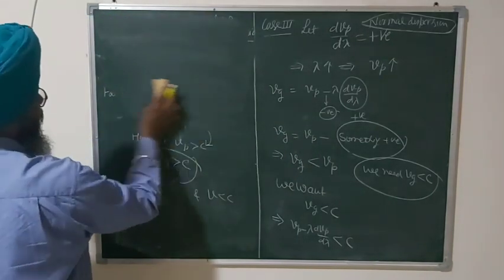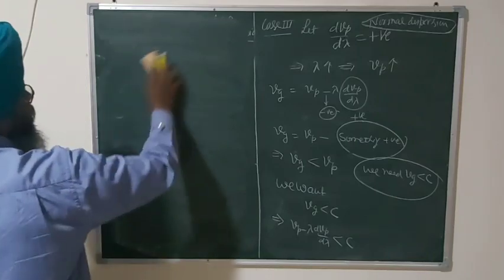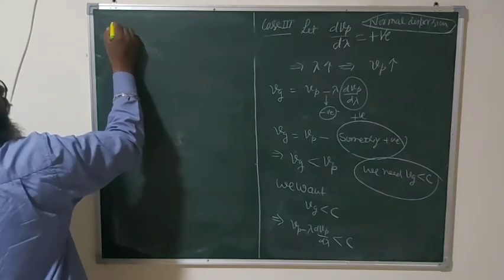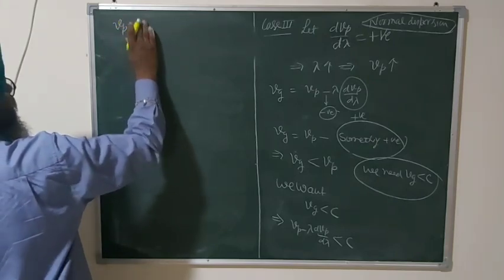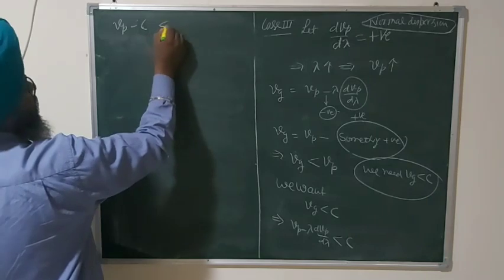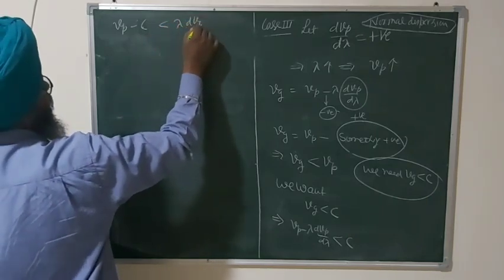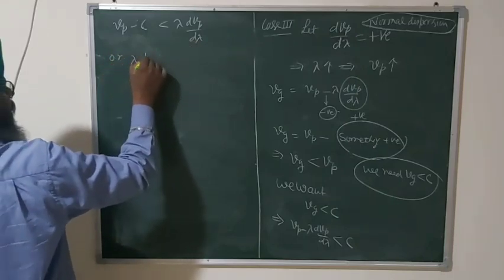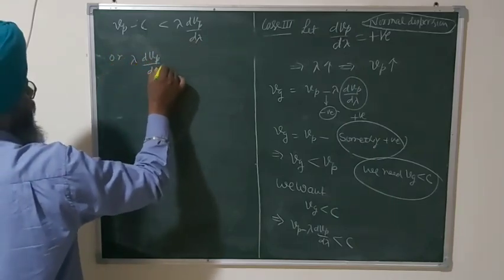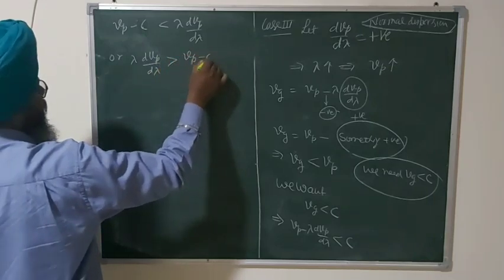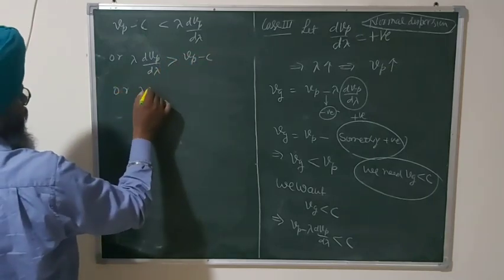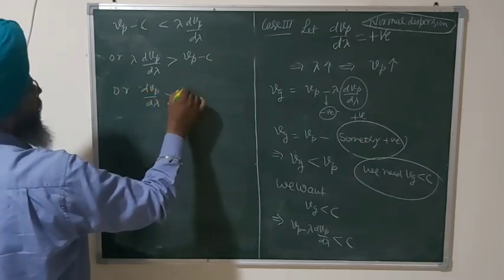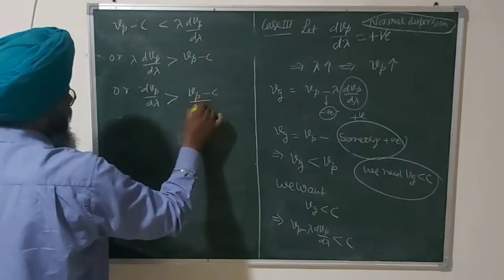That will give me Vp minus C less than lambda dVp by d lambda, or lambda dVp by d lambda is greater than Vp minus C, or dVp by d lambda must be greater than Vp minus C by lambda.